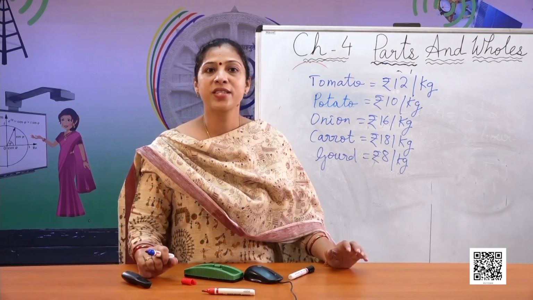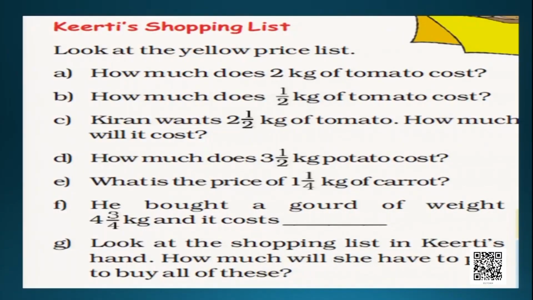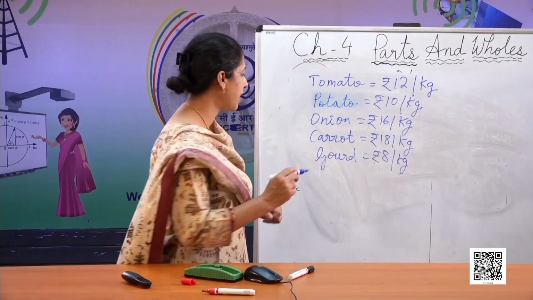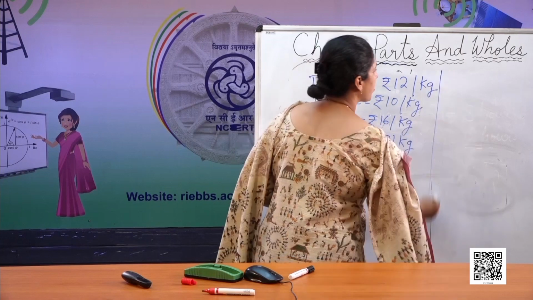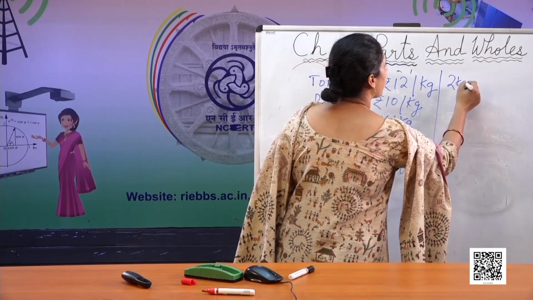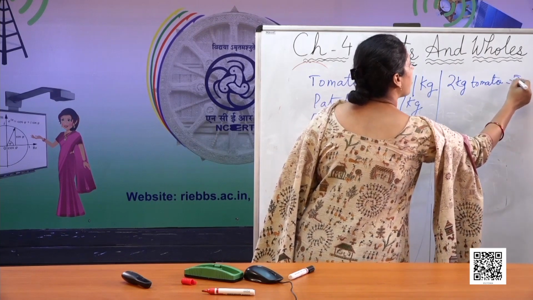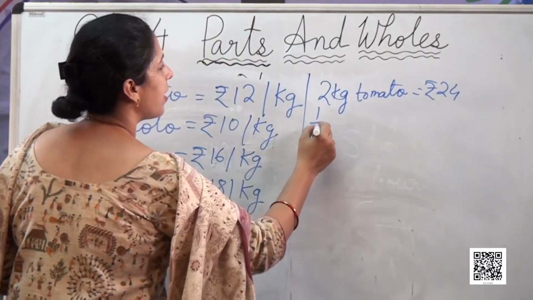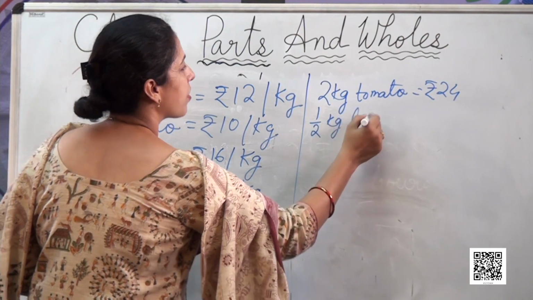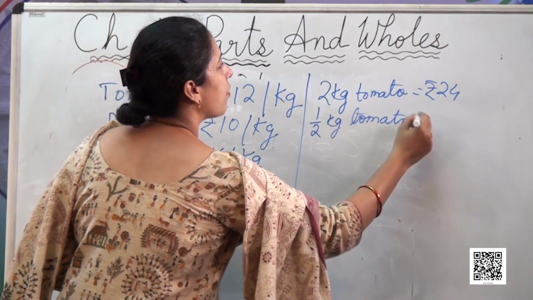And Kiran wants 2.5 kgs of tomato. So how much will it cost? Now we have found out the price of 2 kg tomato is equal to rupees 24 and half kg tomato is equal to rupees 6.